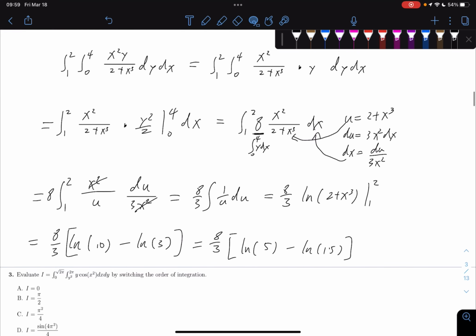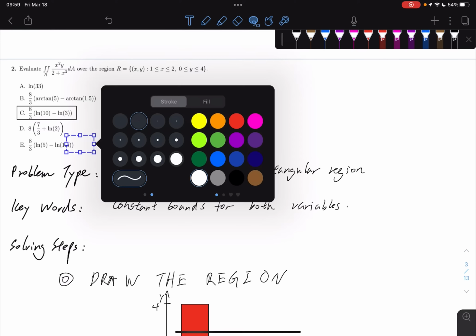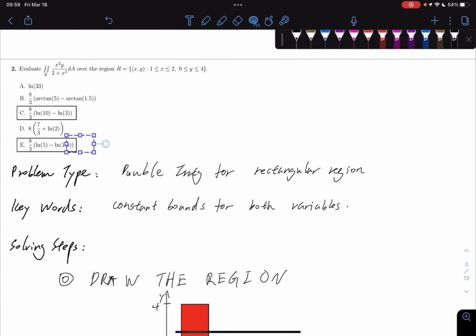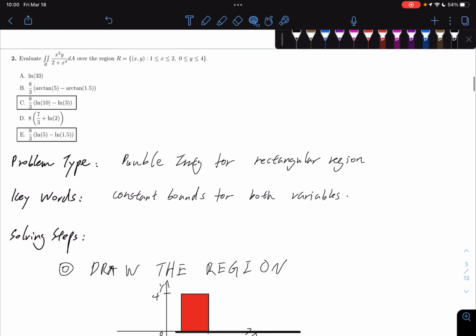This will give us that the answer Echo is also the correct answer. They are essentially the same expression, just one is more simplified than the other. So this is how you solve question number 2.